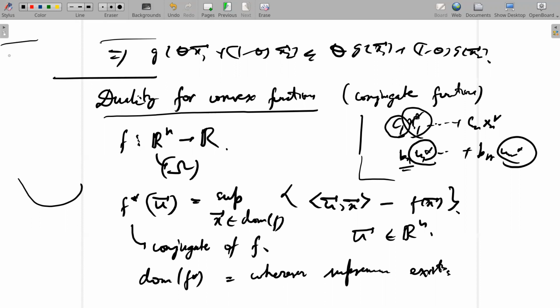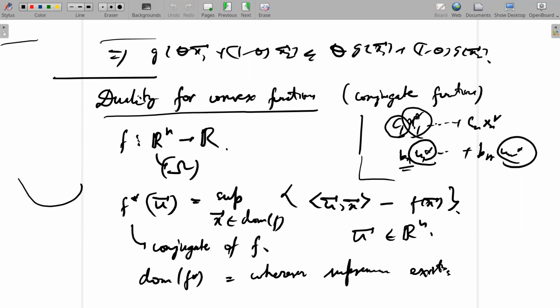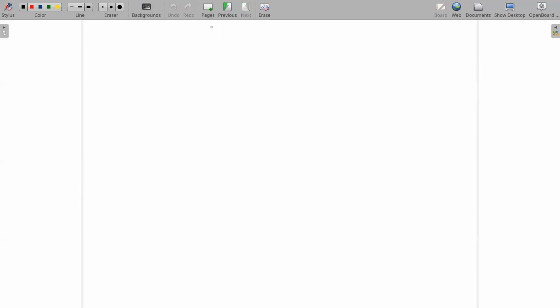It just makes your life simpler not to have to talk about different types of cases: does the supremum exist, does it not, and so on. Those things make statements of theorems much cleaner. But here, since we're talking about applications, let's stick to finite things.